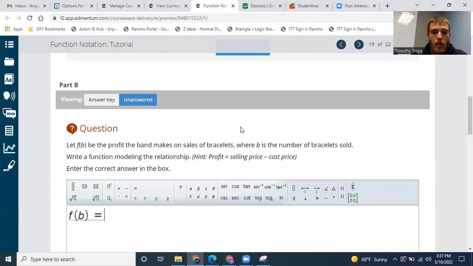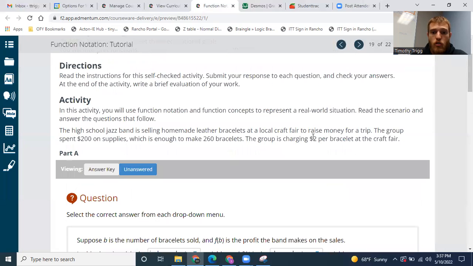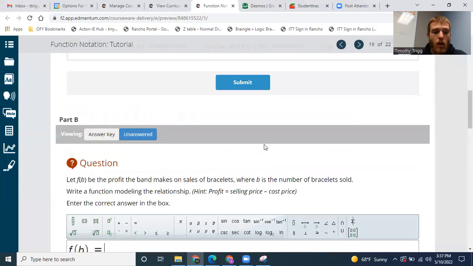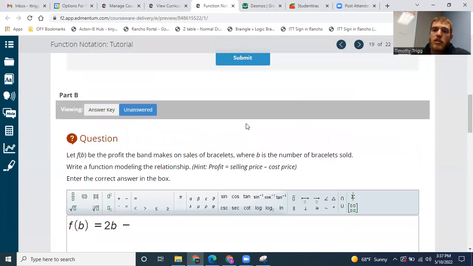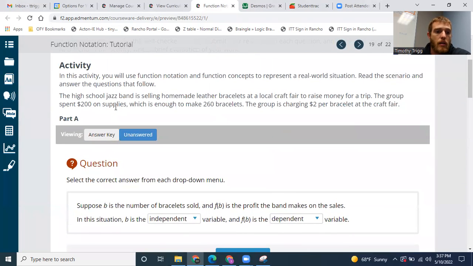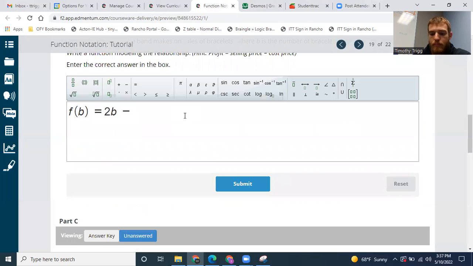Well, they're selling them for $2 per bracelet, but we have to subtract out costs. How much did they spend on their supplies? It says $200. There you go.